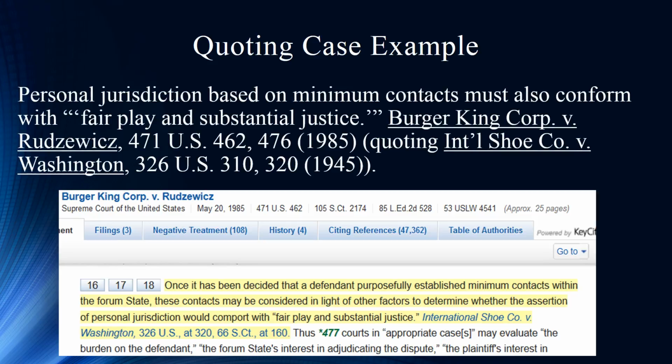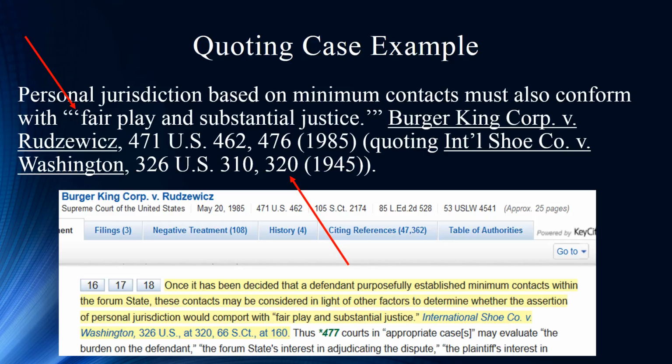First, note the quotations around fair play and substantial justice include both single and double quotation marks because we are quoting Burger King's quoting of International Shoe. Also note that the pinpoint cite for both cases, including International Shoe, is provided so the reader can easily access both opinions to find the exact phrase.